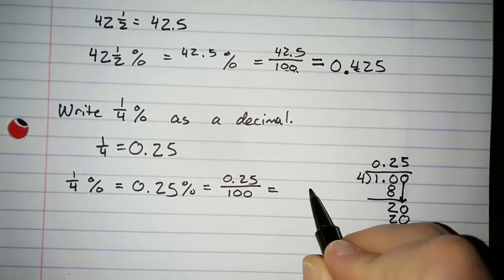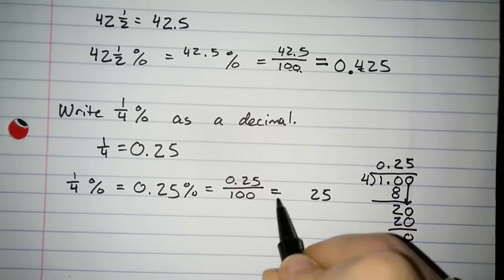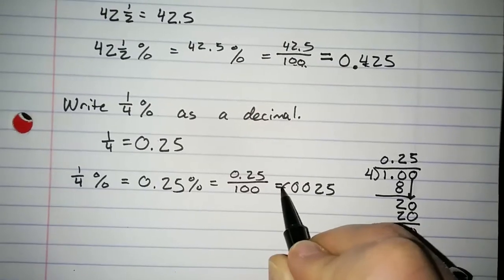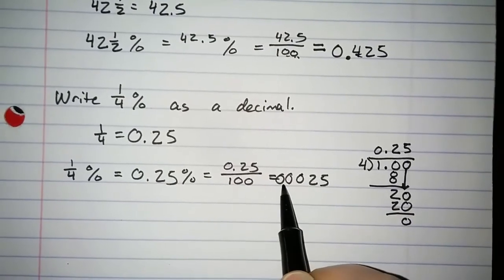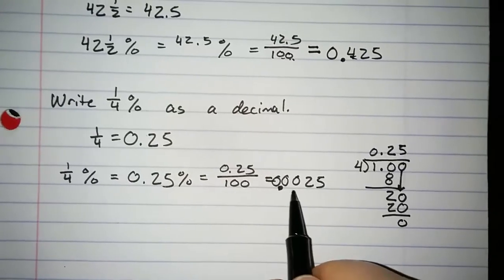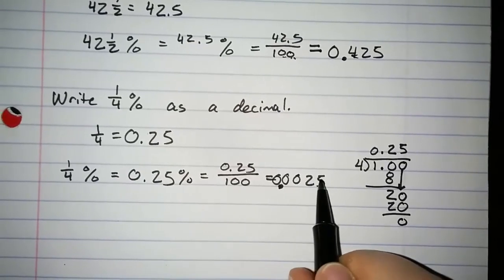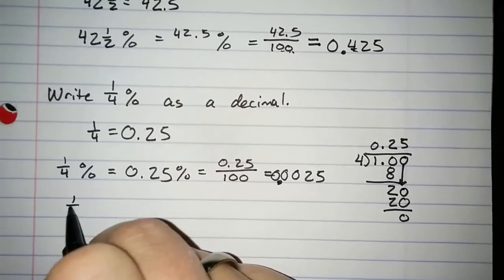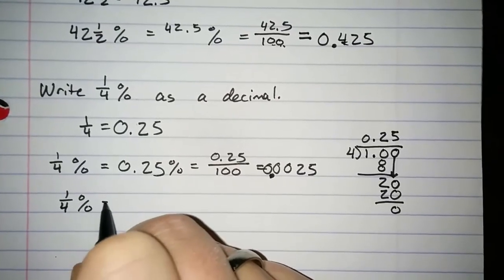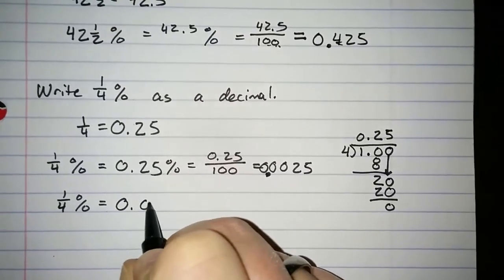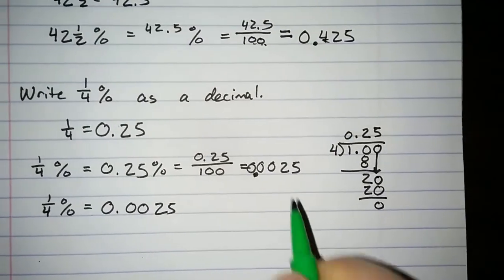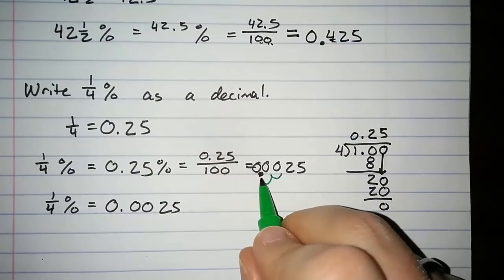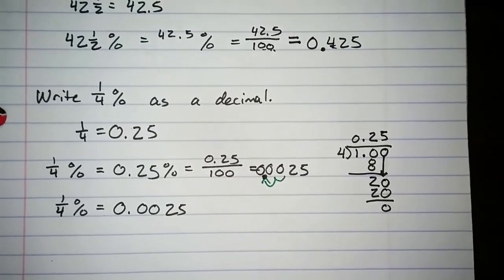So let's see. I'll need some more zeros to the left, right? I have 2 now, I'd like 4. I get 0.0025. 1/4% is 0.0025. Whether I think about this as division or as just moving the decimal point.